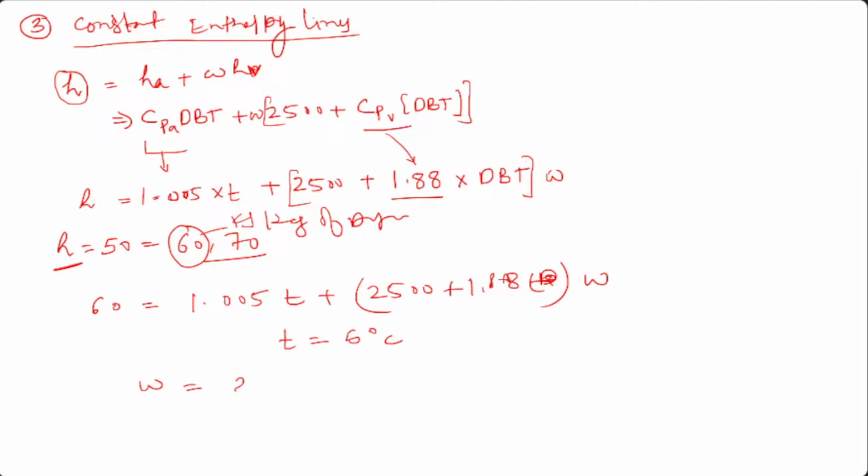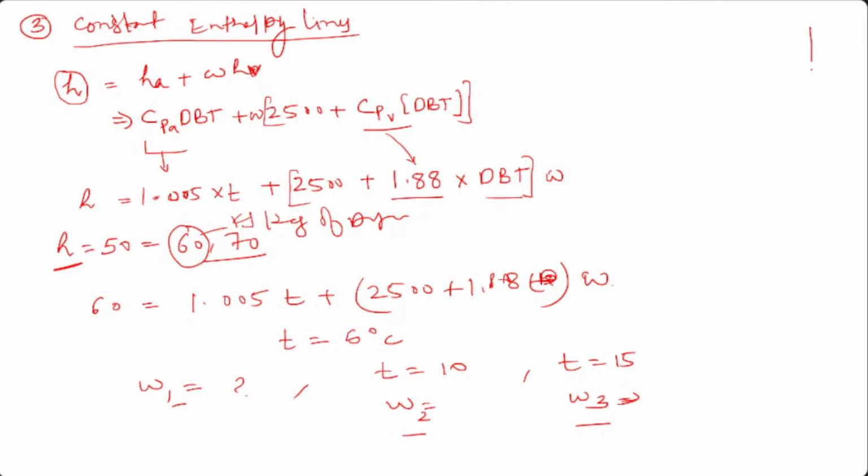Then you put T equals 10 and calculate omega; this is omega 1, and this is omega 2. You can put T equals 15. What is T? T here is the dBT, dry bulb temperature. Next we have omega 3. You can calculate omega 1, omega 2, omega 3. Now, is it clear?